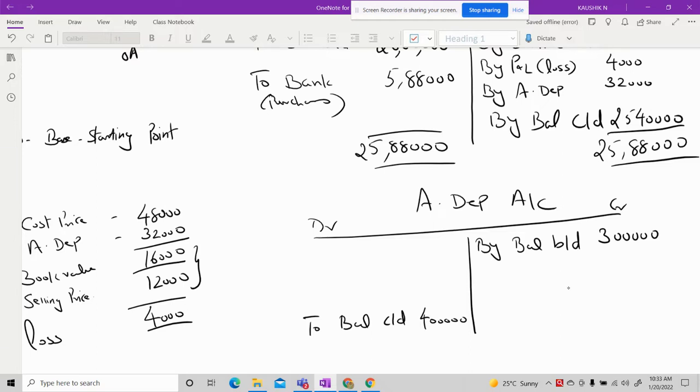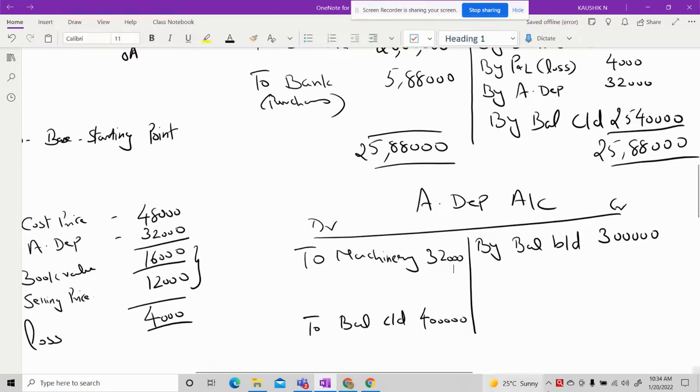Now you have to bring this accumulated depreciation of rupees 32,000 to the accumulated depreciation account. It will be brought as to machinery, appearing on the debit side as to machinery 32,000.